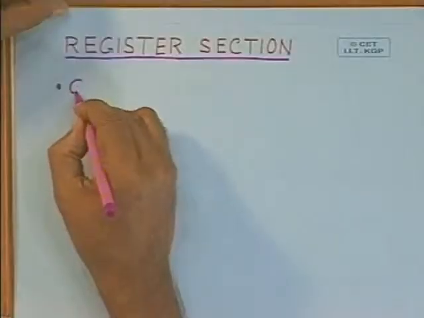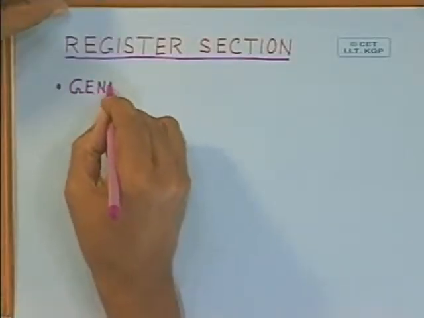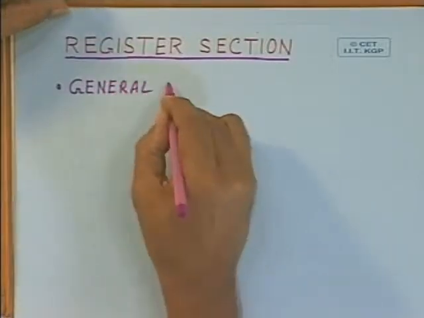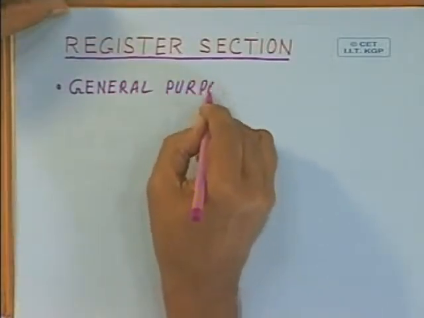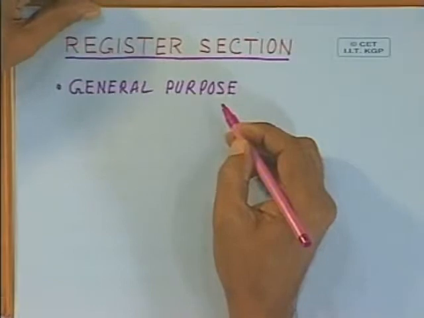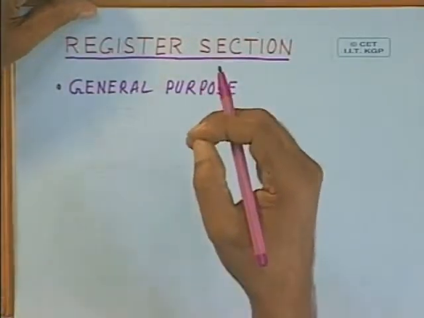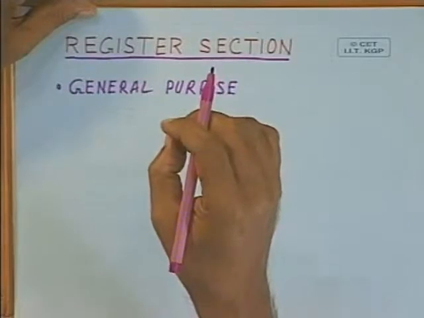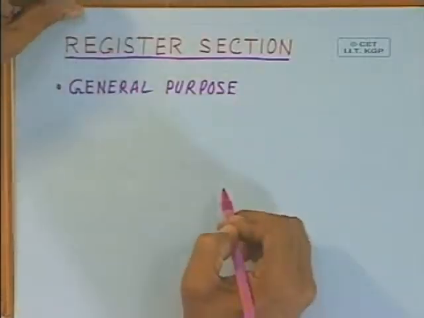One is general purpose, and by general purpose we mean that these registers have not been explicitly used to store a particular type of information. These registers can be used to store data, to store address, and as a consequence the name general purpose has been given.